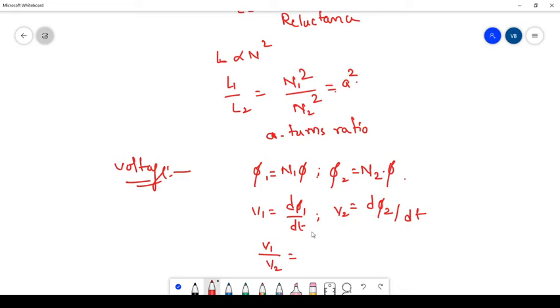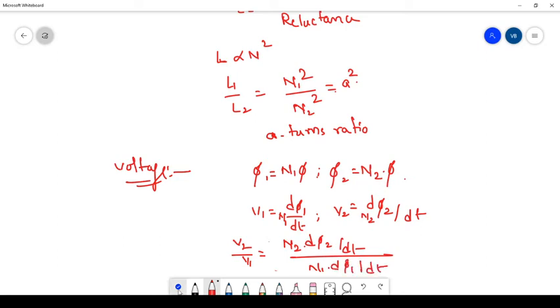Writing v2 by v1, we get n2 into d phi 2 by dt by n1 into d phi 1 by dt.